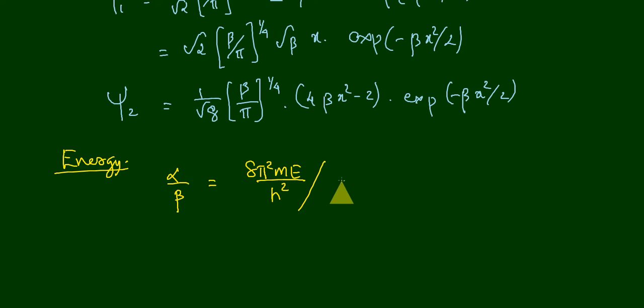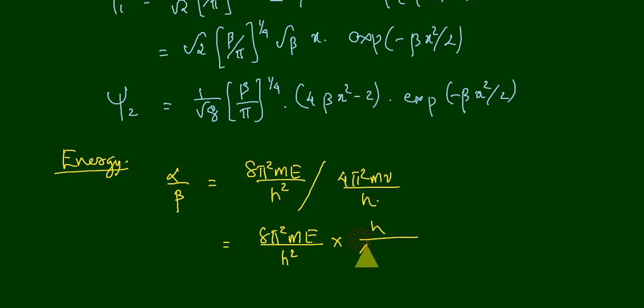Beta is equal to 4 pi square m nu divided by h, right? So we can write it like 8 pi square m E divided by h square into the reciprocal of this one, that is h divided by 4 pi square m nu.